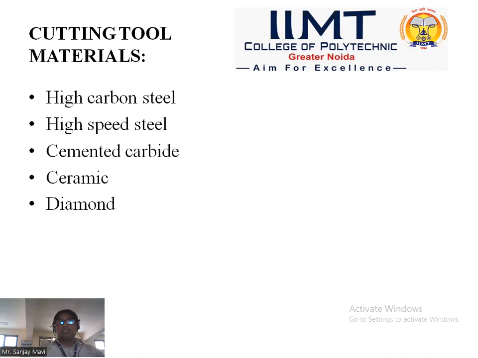High carbon steel is used as cutting tool material. Number two is high speed steel. This is also called HSS. Then cemented carbide, ceramics, diamonds. Now let us discuss these.